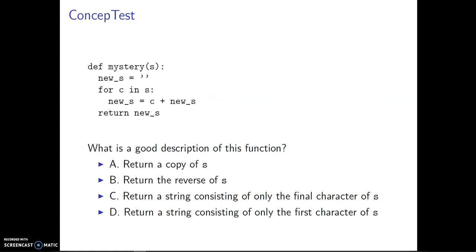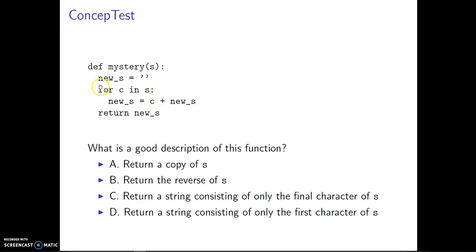Okay, so as you work on those, maybe going on and seeing some examples here and practicing will help you get ideas. Here we have a function in Python called mystery. We enter a character string, and then we say, okay, we're going to have a new S. Right now it's just empty.